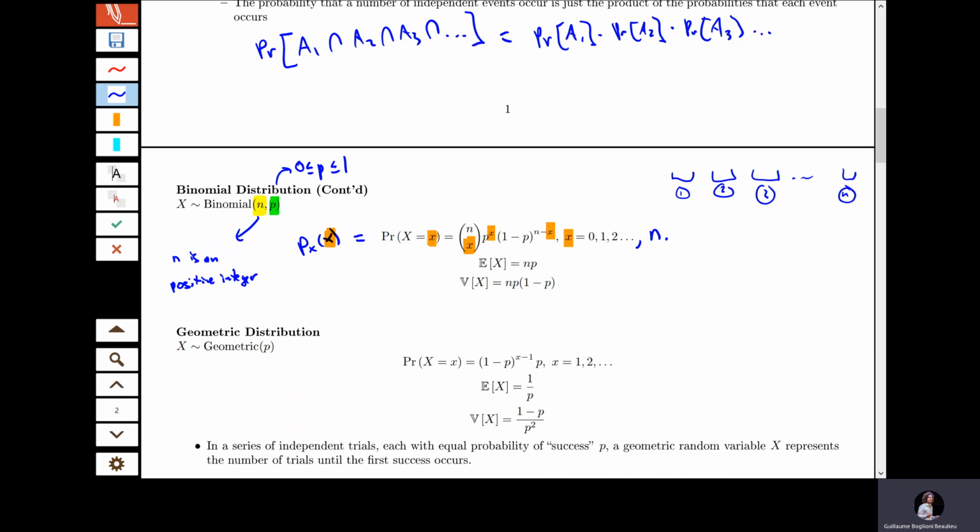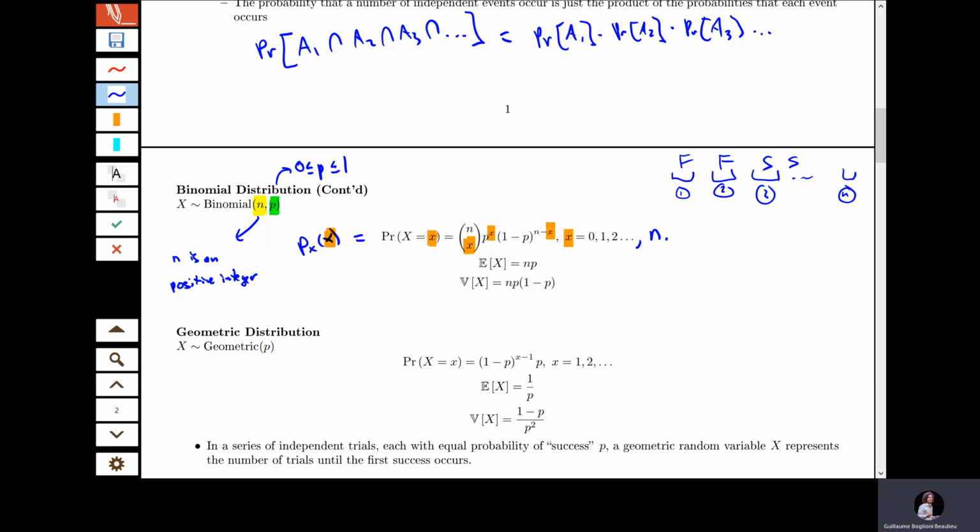Let's say I want to find the probability to have 2 successes. Well, this can happen in many ways, because I could have 2 successes in the first 2 trials and then only failures. So that's one possibility. But of course, I could have a success at first, then a failure, then a success, and then only failures, and so on. I could start with 2 failures, then 2 successes. So there are many possibilities. But in general, how many configurations are there?